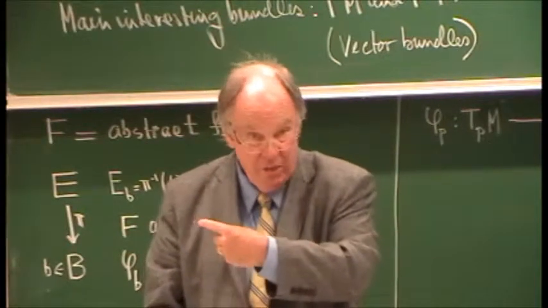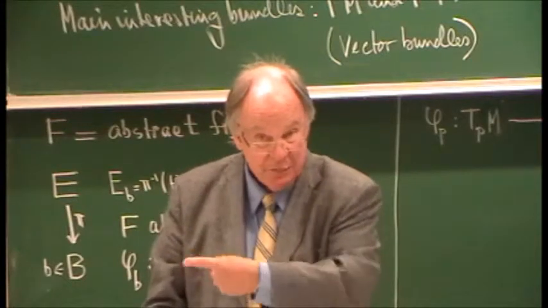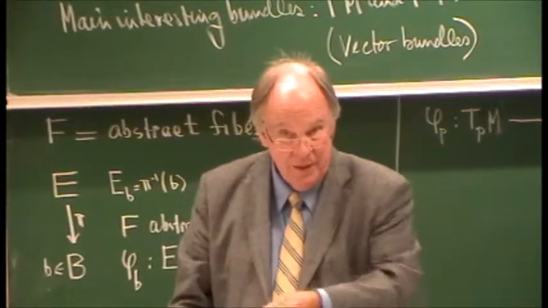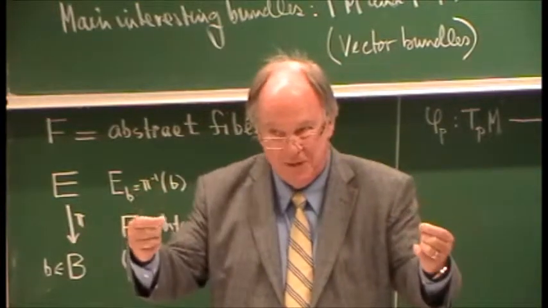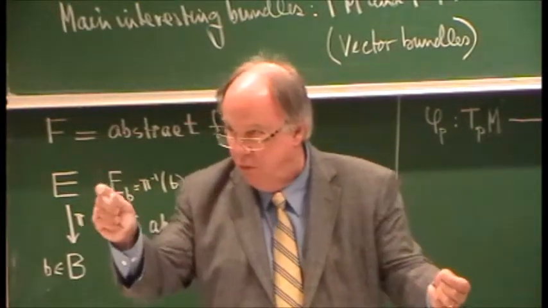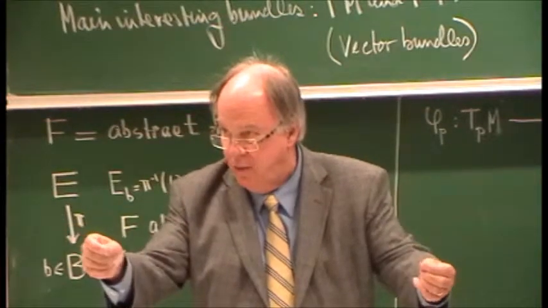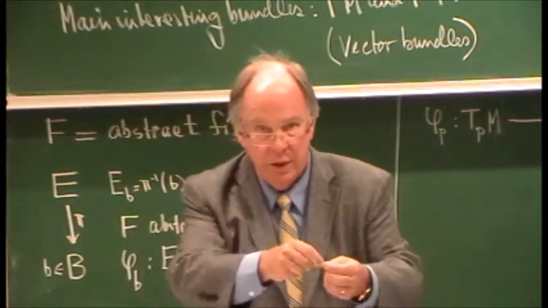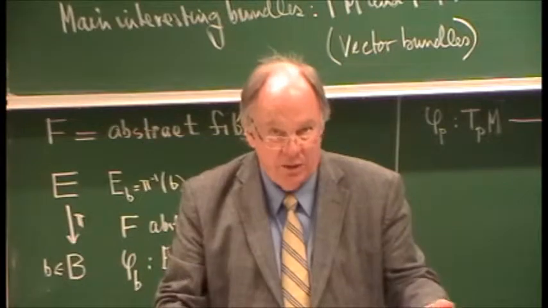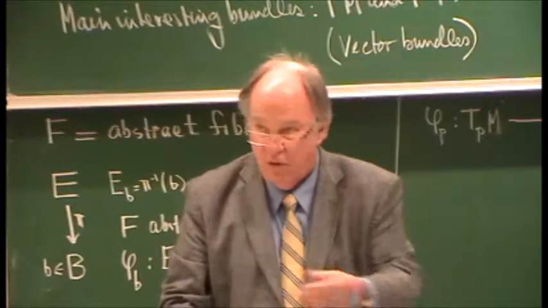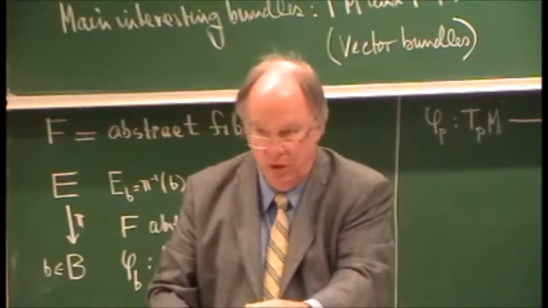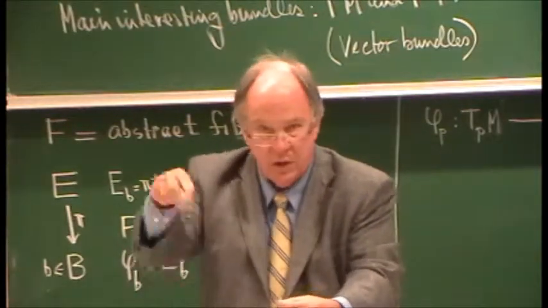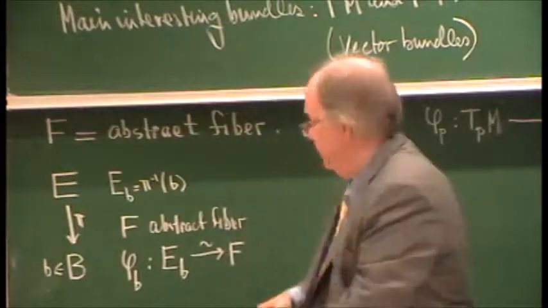You agree there are many isomorphisms possible here to Rn. If I give you one isomorphism, and another, what's the difference? How do you get from the one to the other? By a matrix, GLn, right? Two isomorphisms phi1, phi2 to Rn differ by a matrix, an element of GLn.